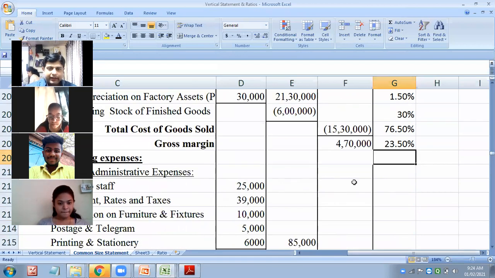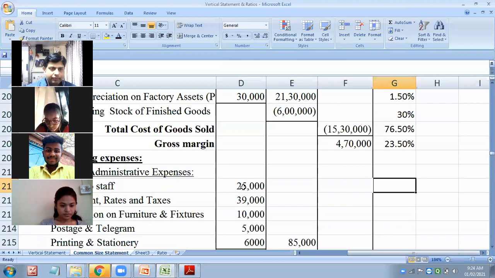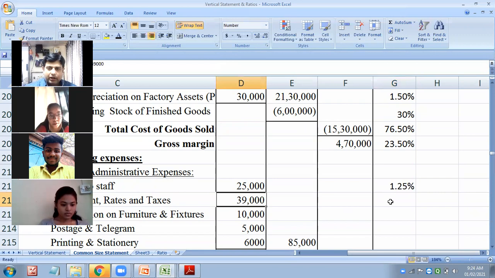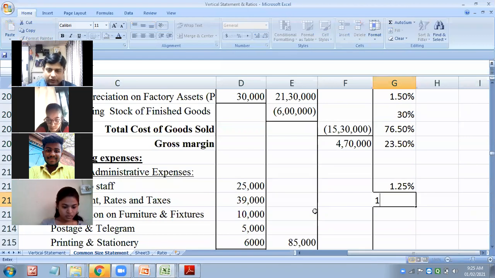Then again, salary to the staff, 25,000. 25,000 divided by 20 lakhs into 100. 1.25%. Absolutely right. Again, 39,000 divided by 20 lakhs. 1.95%.